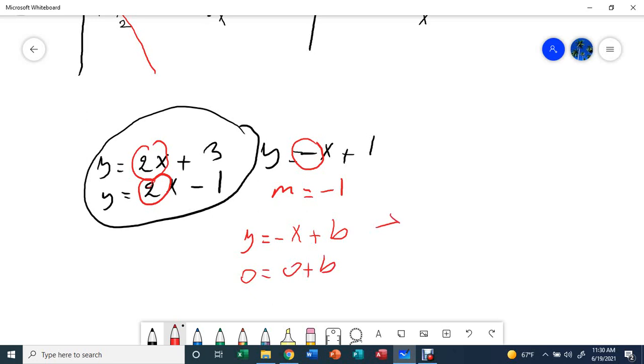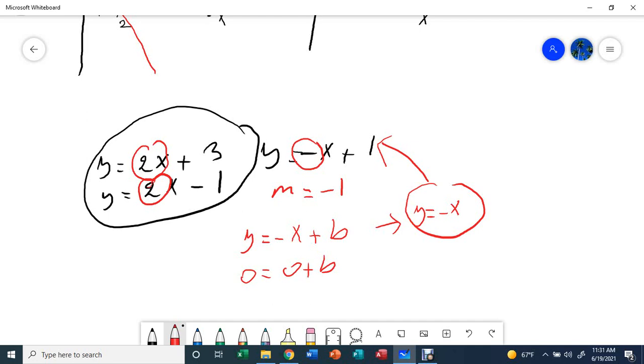My equation will be y equals negative x. So these two lines are parallel because they have the same slope. If they had the same y-intercept, they would be identical. They would be the same line.